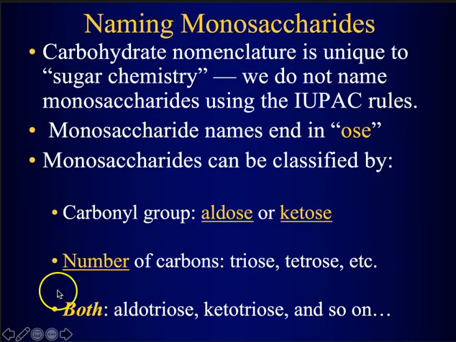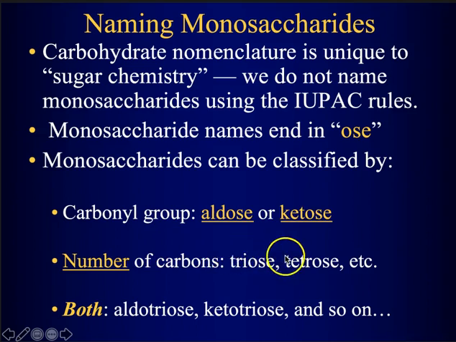Now we talked about the naming as we were going through our examples, but let's formally name these molecules. The carbohydrate nomenclature is unique to our sugar chemistry, and we do not name monosaccharides using our IUPAC rules. So they're going to be a little bit different. Monosaccharides just are going to end in ose, and they can be identified as either aldoses or ketoses, and then we're going to name the number of the chain.